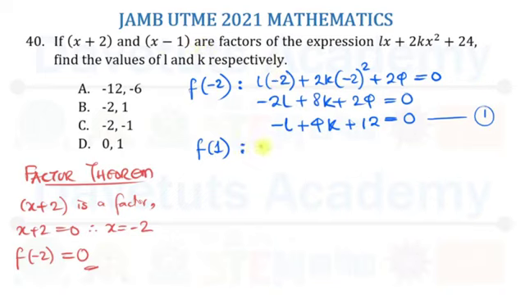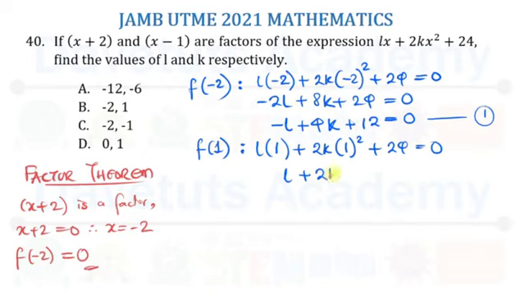So anywhere I find x, I can just put 1 as a value here. Plus 2k multiplied by 1 raised to the power 2 plus 24 is equal to 0. So here I have L, 2k times 1 is 2k, then plus 24 is equal to 0. So I can call this equation 2.